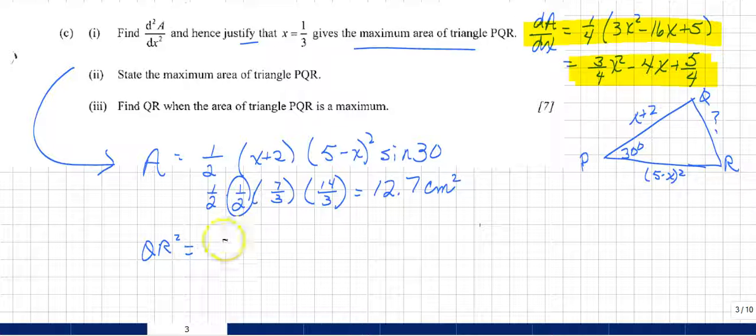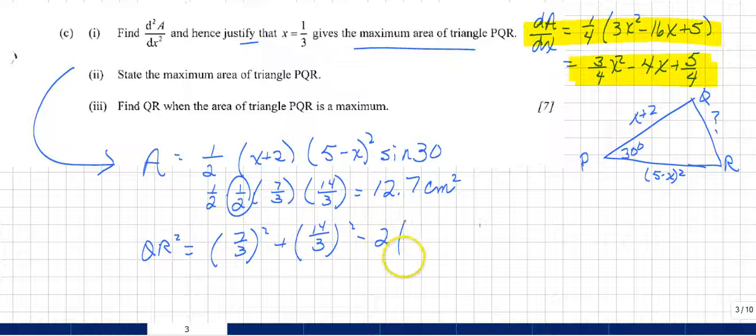Side squared plus side squared, well, we know 7/3 is one side squared, plus the other side squared is 14/3, minus 2ab cosine C, so that's 2 times the two sides, 7/3, 14/3, and cosine of 30.